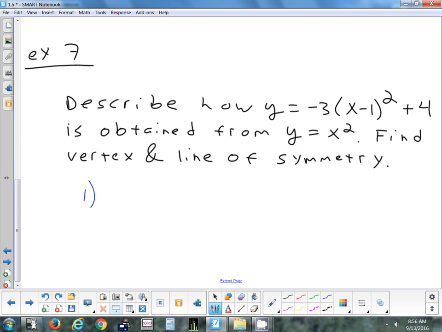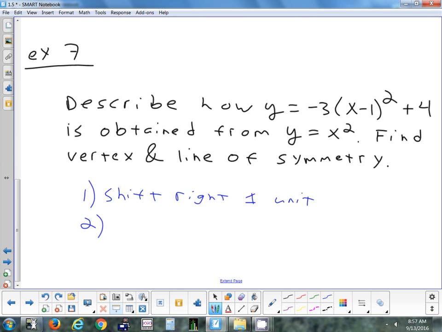All right. What's the next thing that's going to happen? We've got a negative, but it's on the outside. It's not with the x in parentheses. So what did we say that does? Reflection over the x-axis. Yep, that's a vertical reflection. You can think of all your vertical stuff as together, or if you flip vertically, it's over the x-axis.